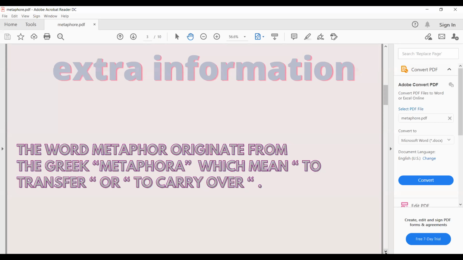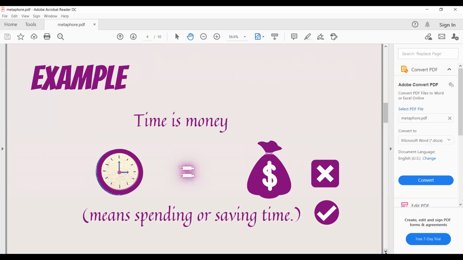Here we have extra information. The word metaphor originated from the Greek metaphora, which means to transfer or to carry over. Example, time is money. We know that money is something and time is something else.